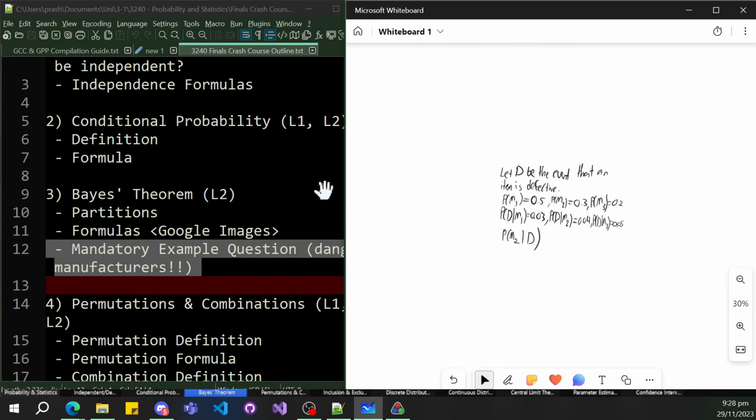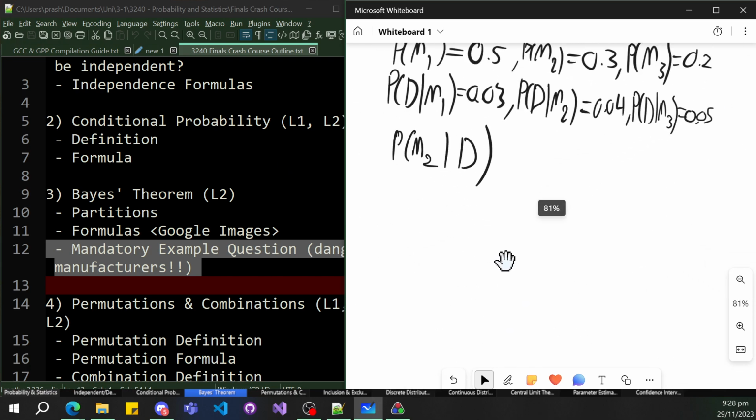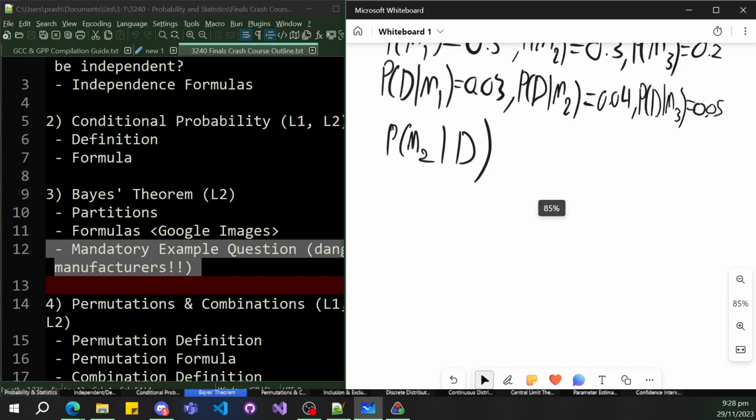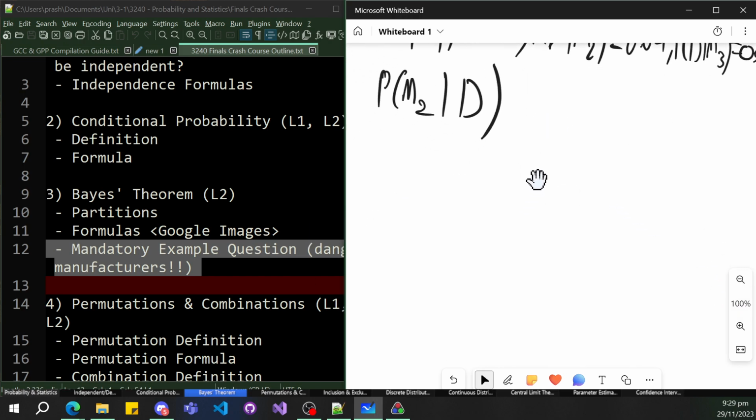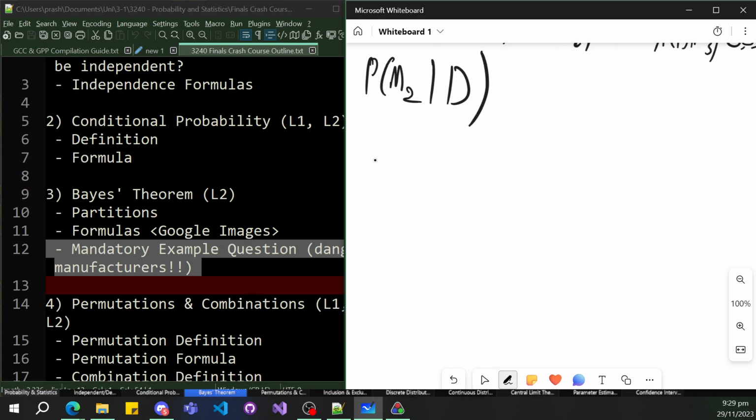And that's what we're going to do here. M2 given D, using our almighty formula, that is the same as this.